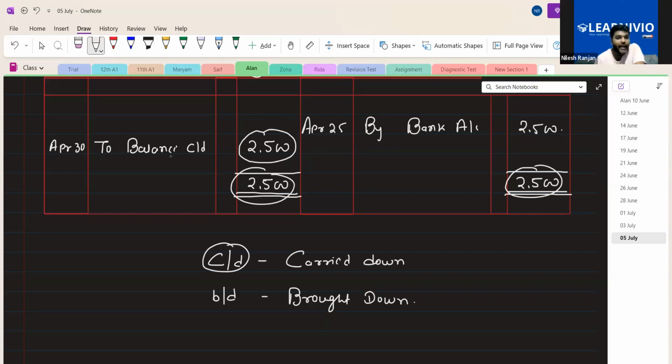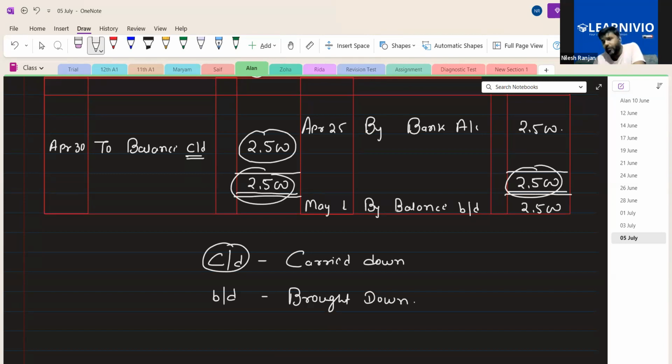And this is called balance CD. This balance that we calculate is called balance CD. In the next month, the same balance will be carried forward on the first date of the next month. So it will become by balance BD 2,500. So the balance we calculate at the end is CD.